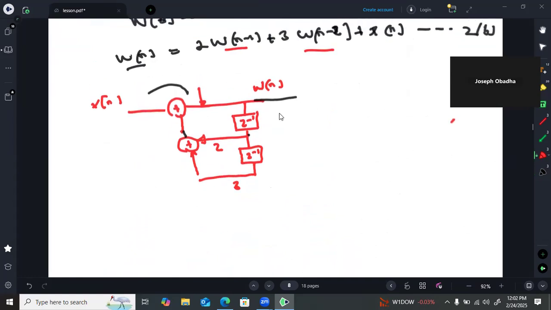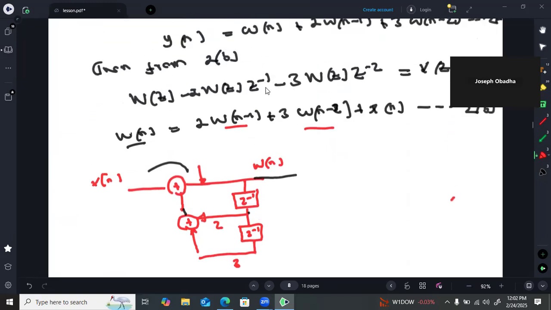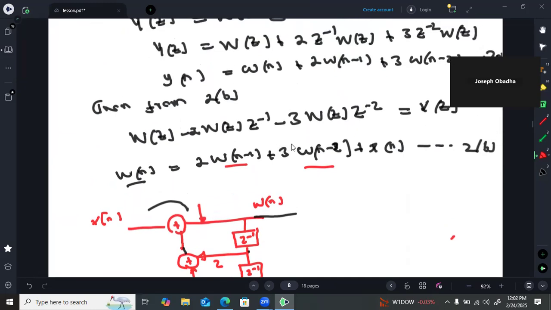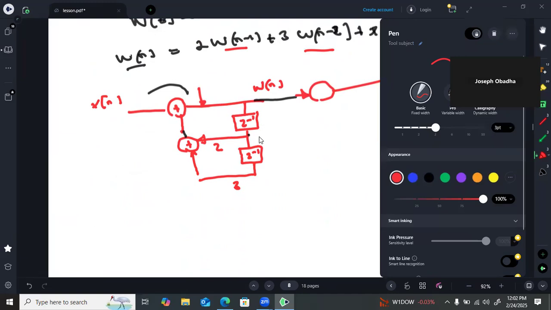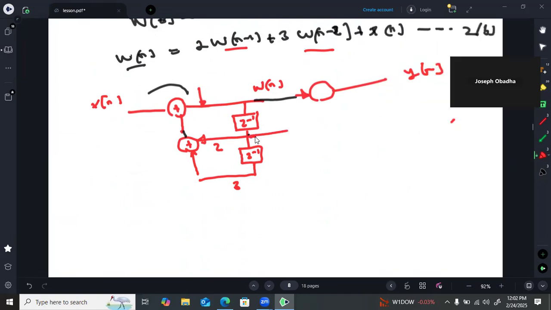So you can see already we have w of n at this point that we want to get the y of n. But we also need w of n minus 1, which is here, and w of n minus 2, which is delayed by 2 units.